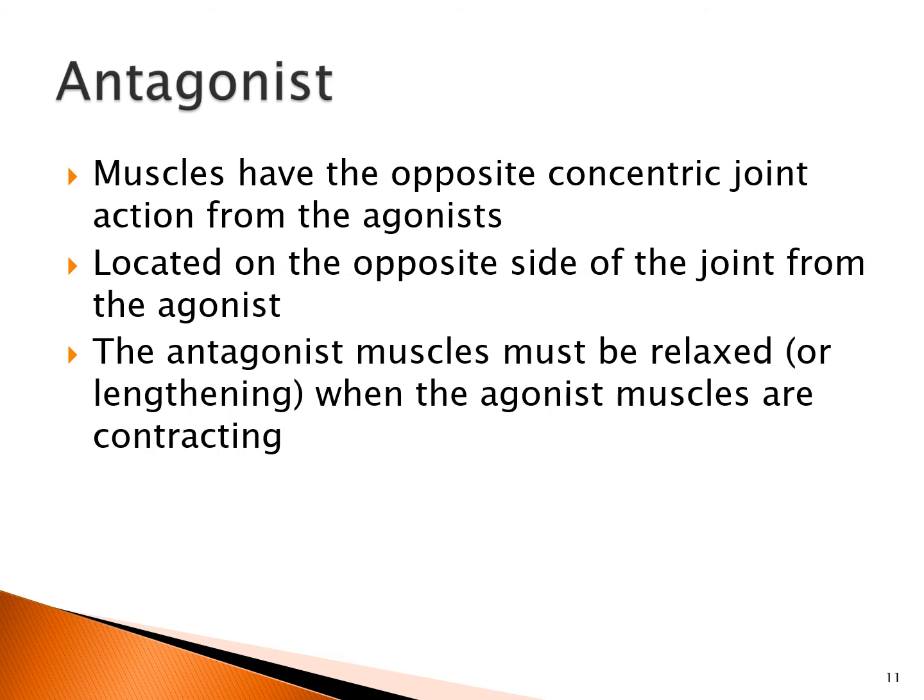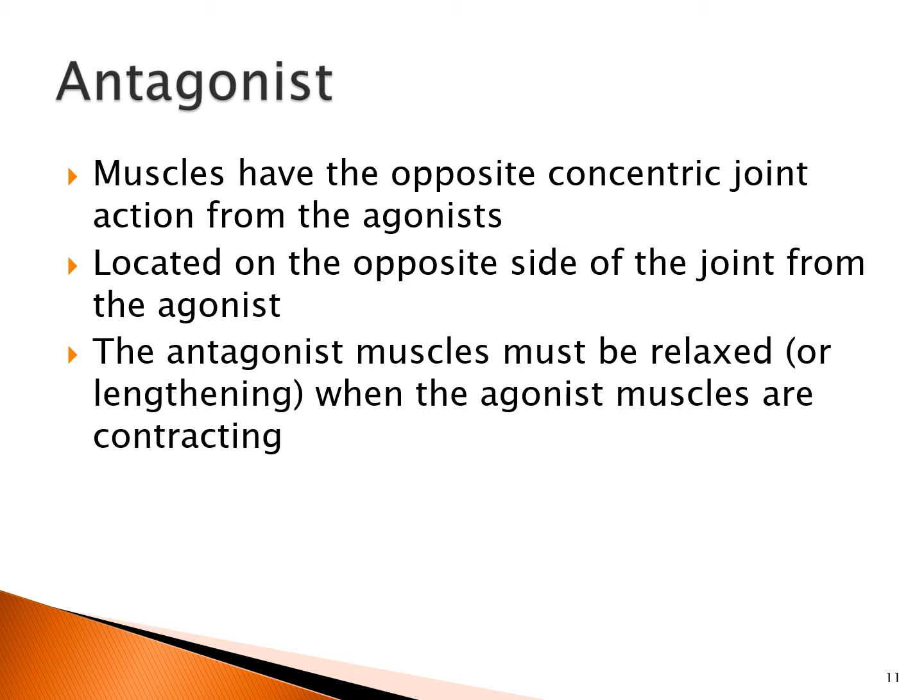The antagonist muscle, again, is the muscle that has the opposite concentric joint action from the agonist. So again, if we go back to our example of the bicep, when it shortens or concentrically contracts, it causes elbow flexion. And the muscle that does the opposite action, when it concentrically contracts, would be triceps brachii.